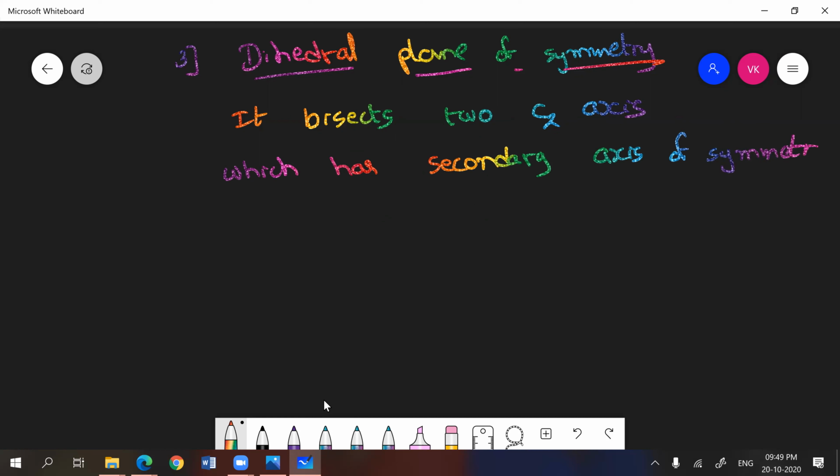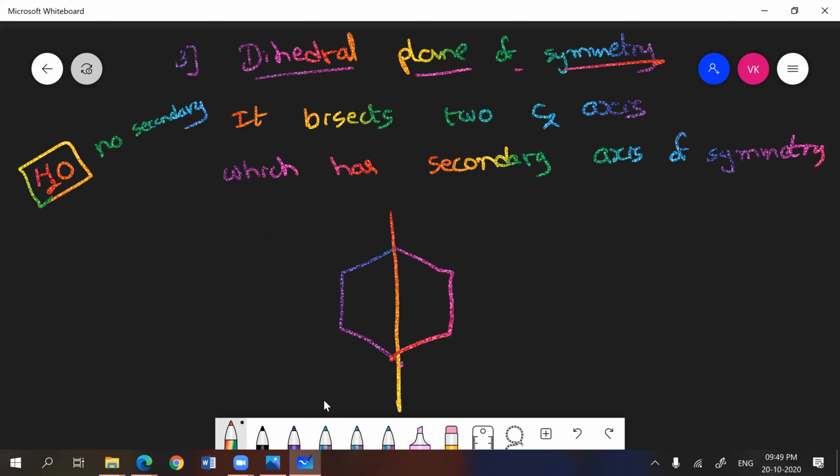For example, water doesn't have a dihedral plane, first of all, because it has no secondary axis. So which type of molecules have a secondary axis? You can take the example of benzene, where this is a C2 axis, a secondary axis.